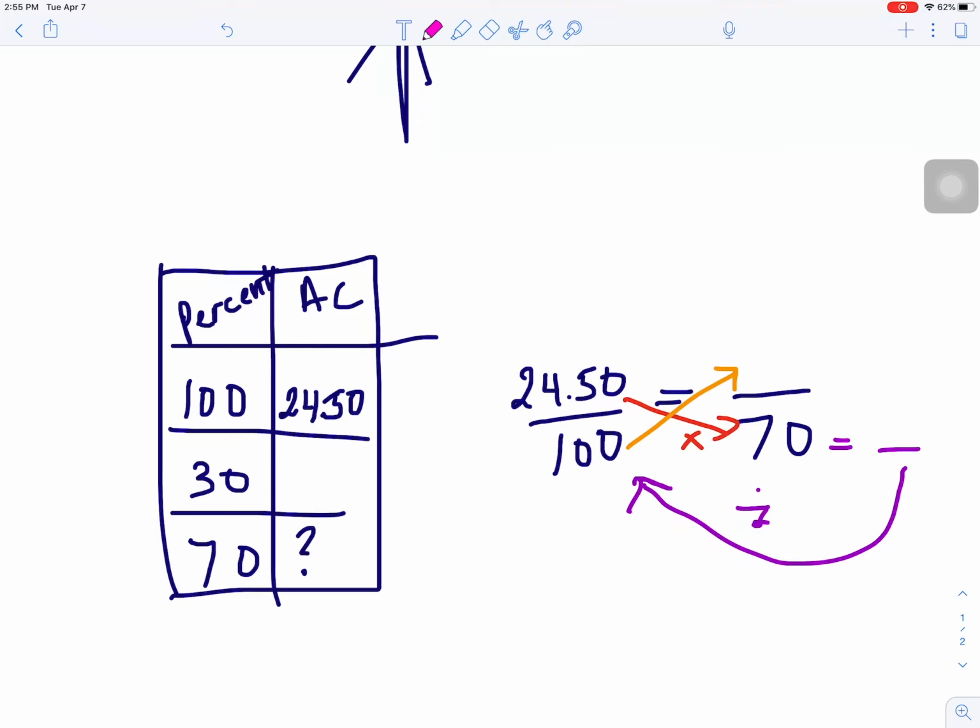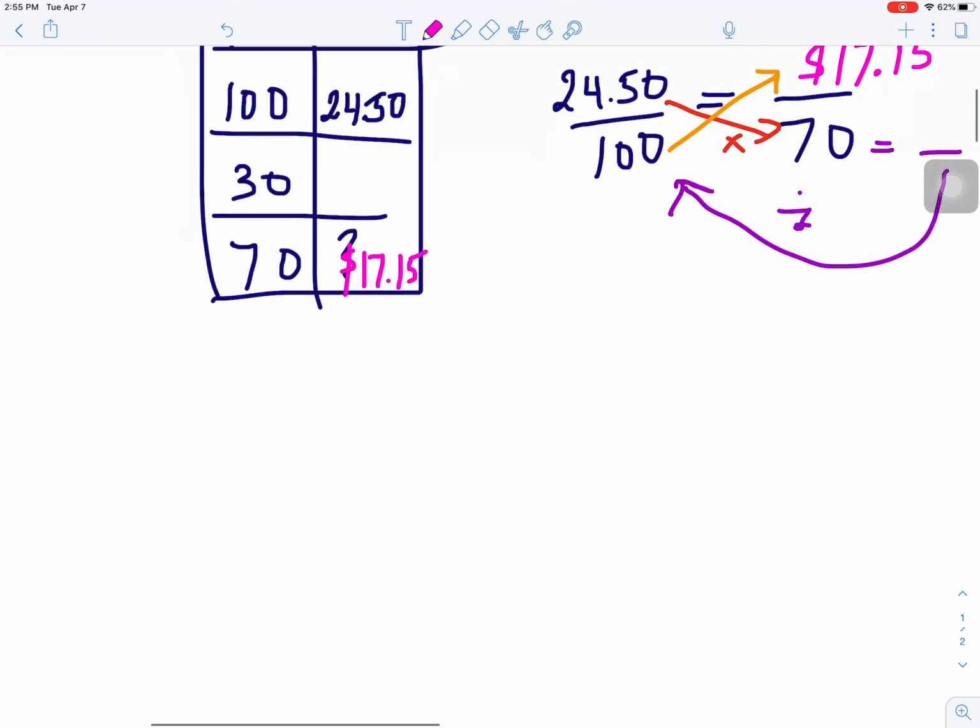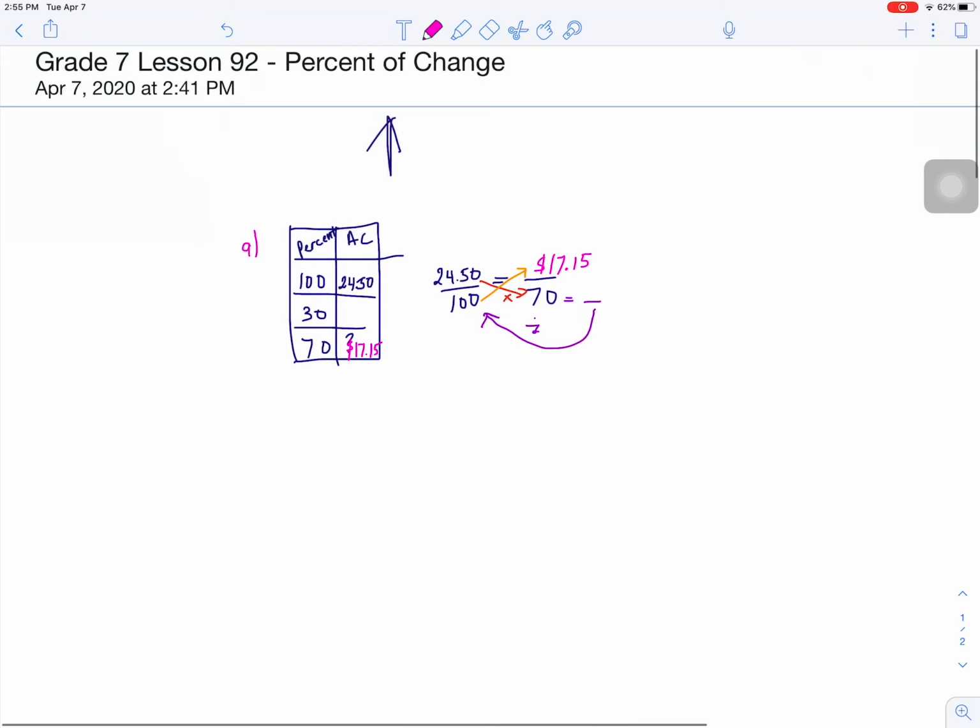So 24.50 times 70 divided by 100, and I get an answer of $17.15. So if we're looking for this number, it's $17.15. That would give us the answer to A. Let's move on to B.